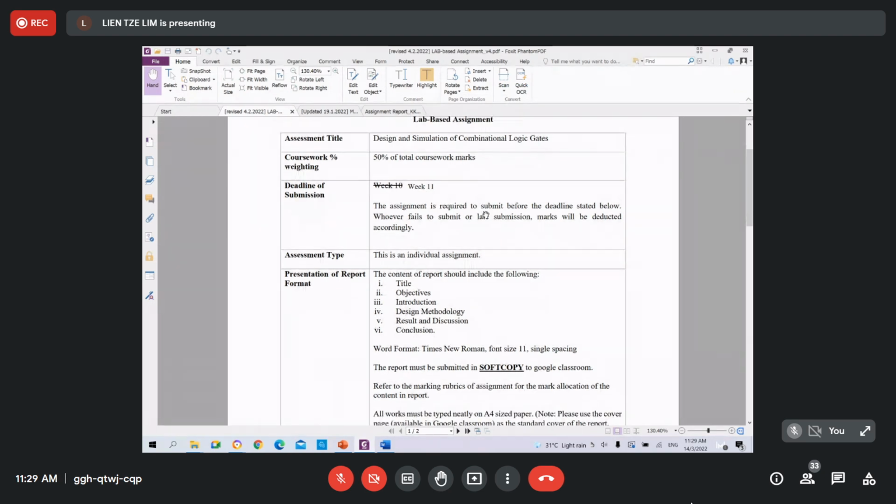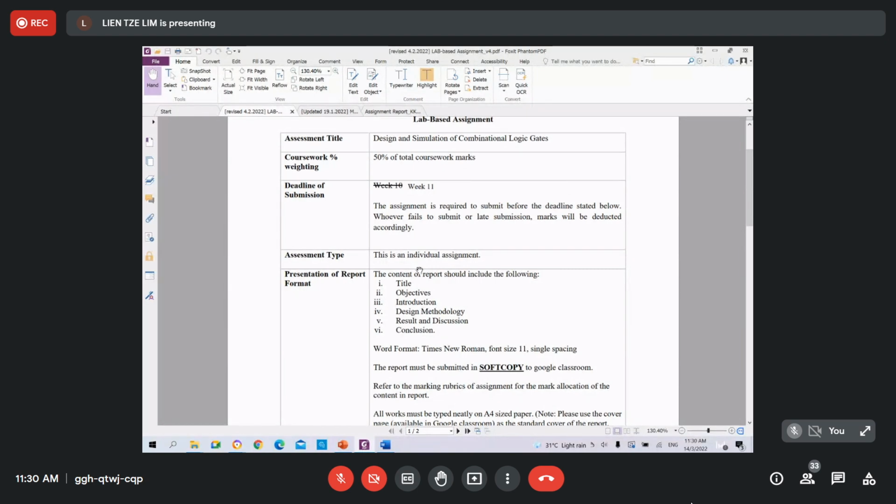For this assignment, it is an individual assignment. I make it individual because I see that the assignment given is not difficult. If you really did the lab report yourself, then you will be able to finish this assignment yourself as well.